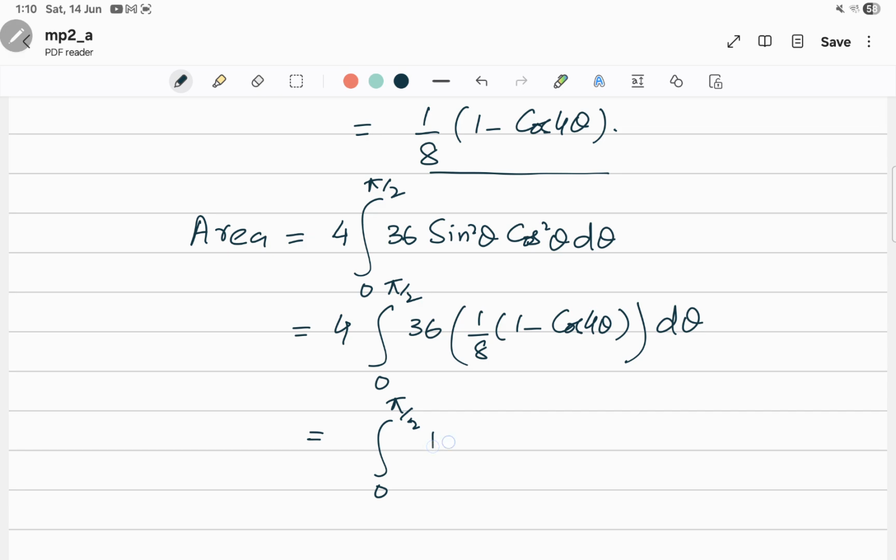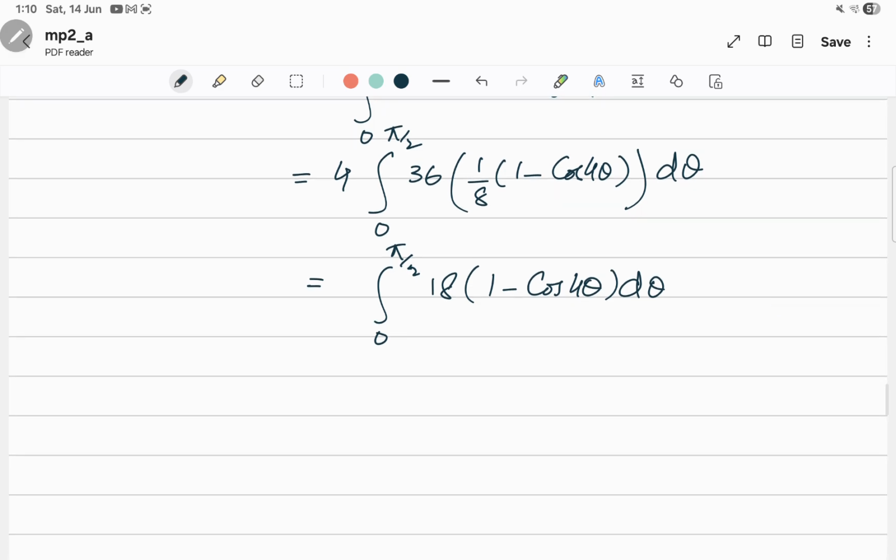18 times 1 minus cos 4 theta d theta. Now you can take 18 inside, so you will have 0 to pi by 2, 18 minus 18 times cos 4 theta d theta.